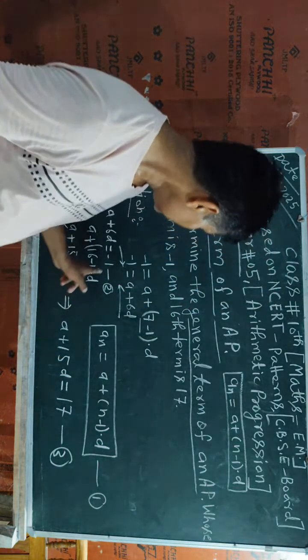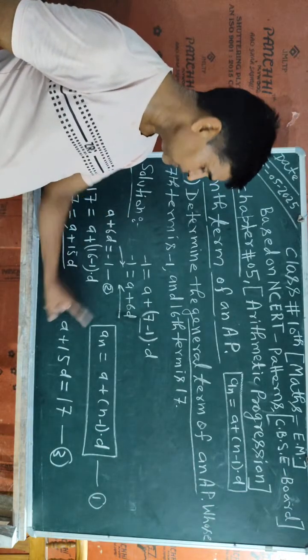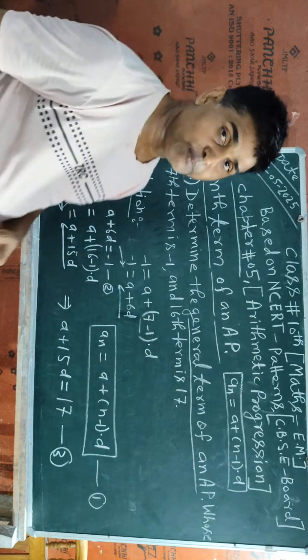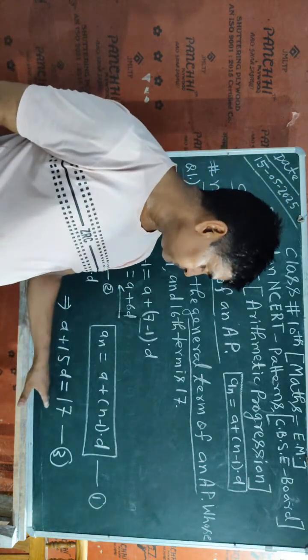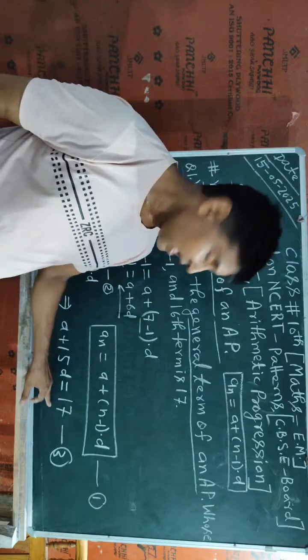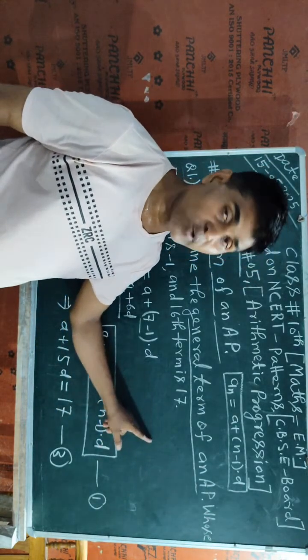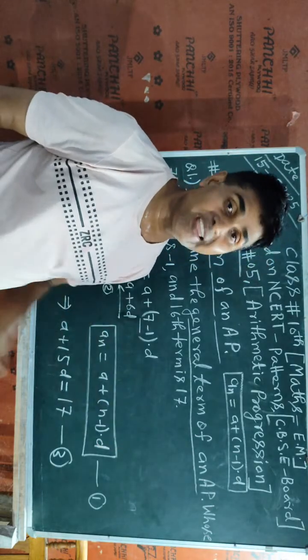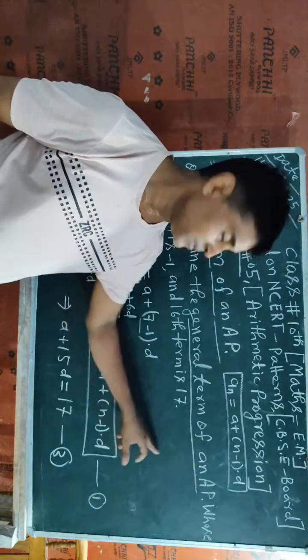It means that this is a straight line and this is also a straight line. If these two straight lines meet at a point, then we have to calculate the intersection point. That intersection point will be (a, d). Any point can be written in the form x comma y.